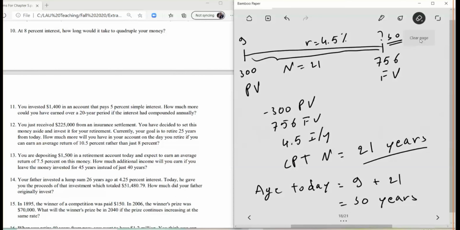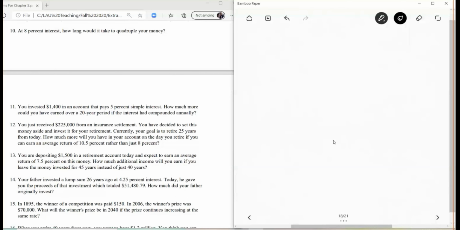Number 10, at 8% interest. So if R equals 8%, how long would it take to quadruple your money? Here I don't have FV or PV. However, I know that FV is equal to 4 times PV.